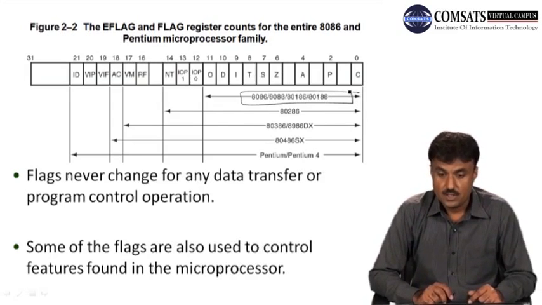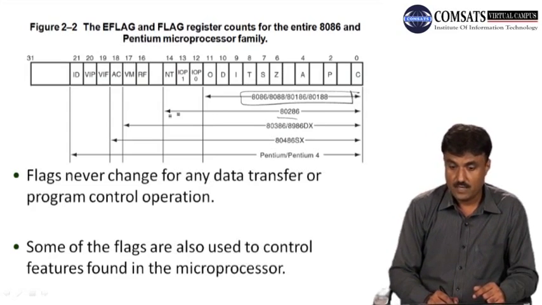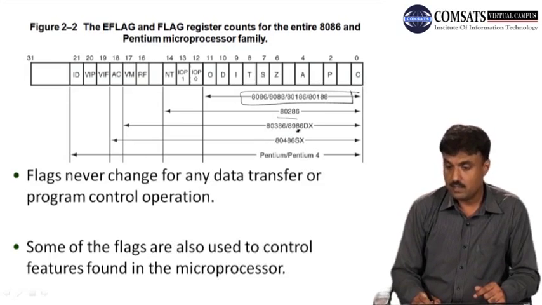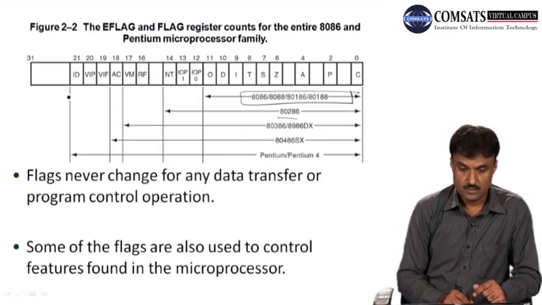We have 12 flags, and then for the 80286 we have 15 flags, from 0 to 14, and then the 80386, 80486, and Pentium up to Pentium 4, as shown here.